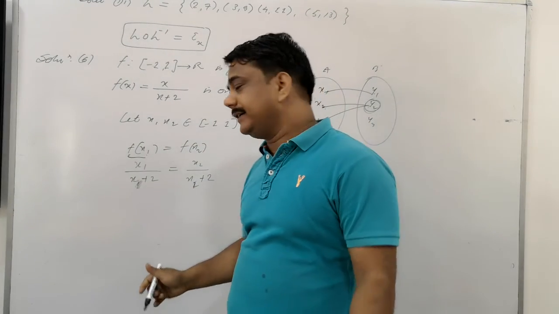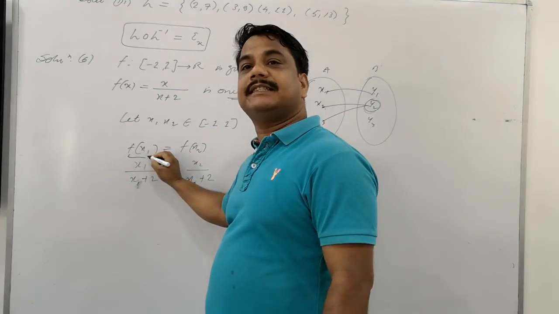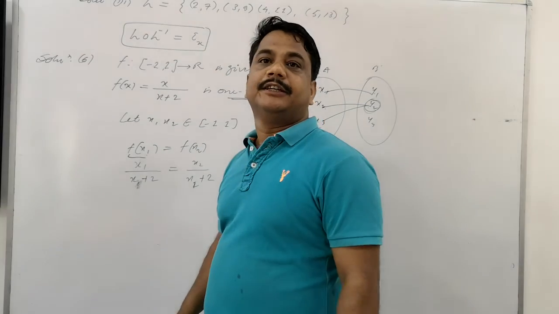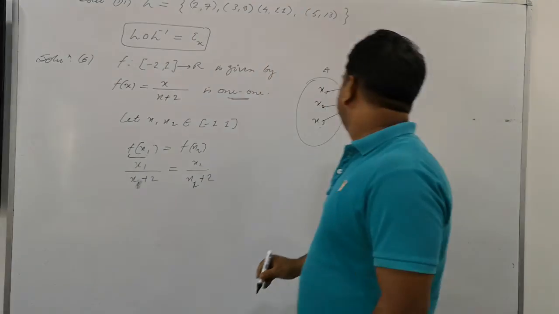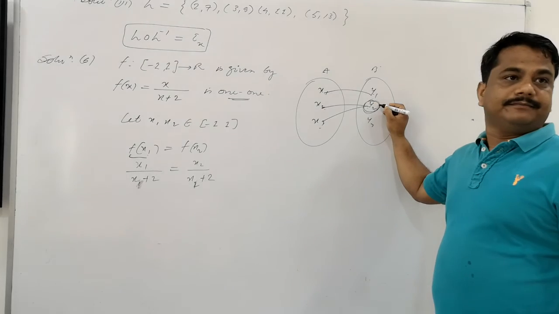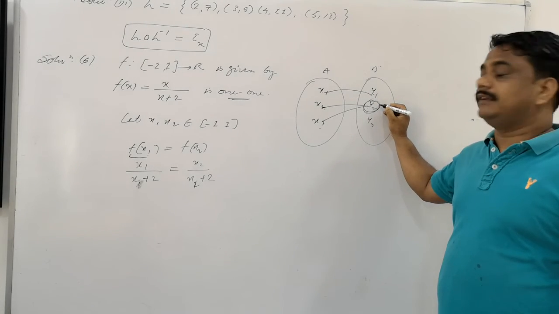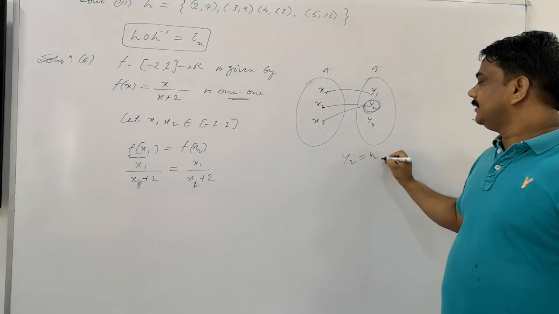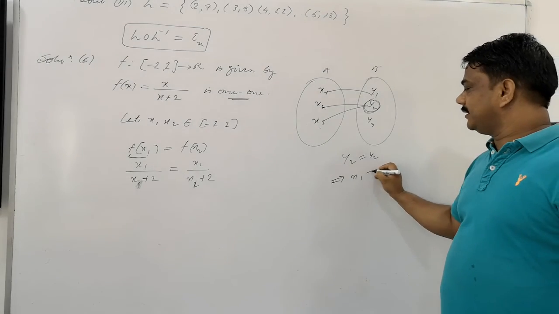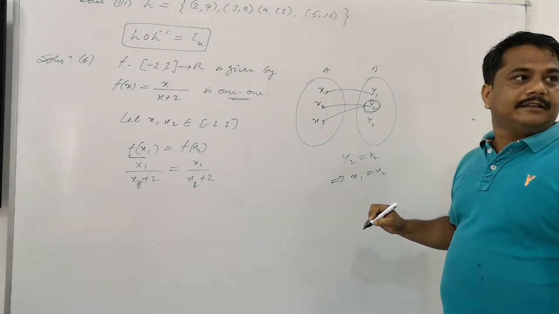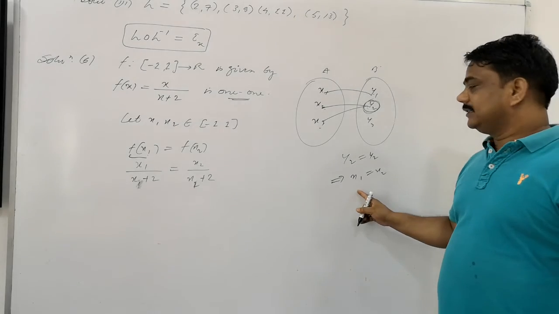And f of x1 is image and f of x2 is image. So we are taking image equal here. So if image is taken equal, y2 is equal to y2, and it implies that x1 comes equal to x2. x1 equals x2.